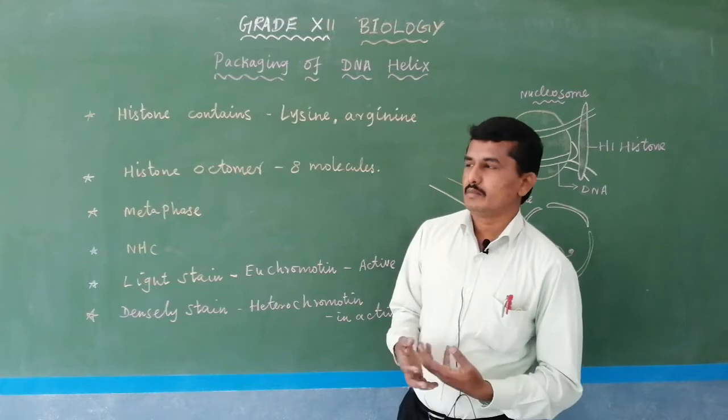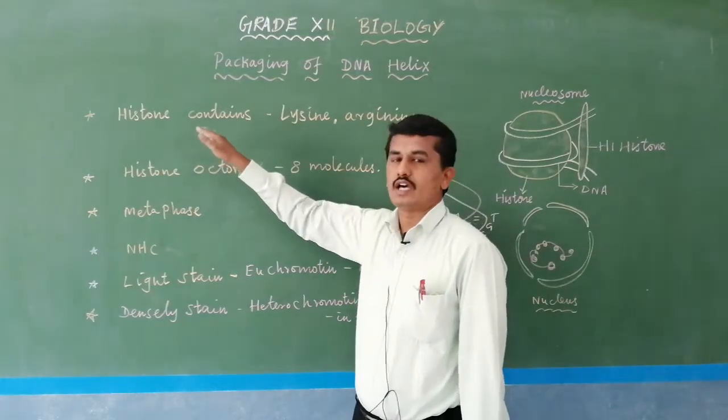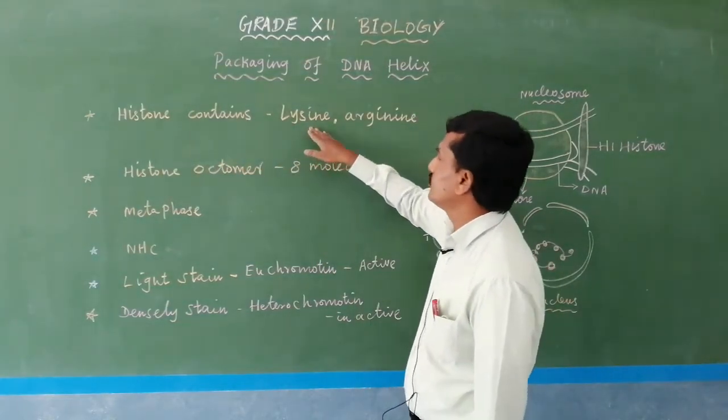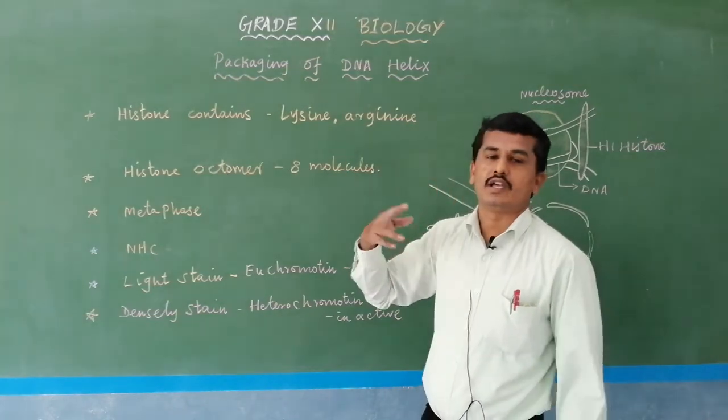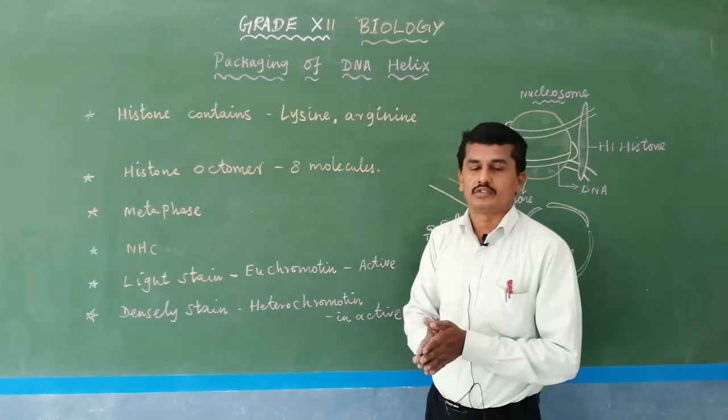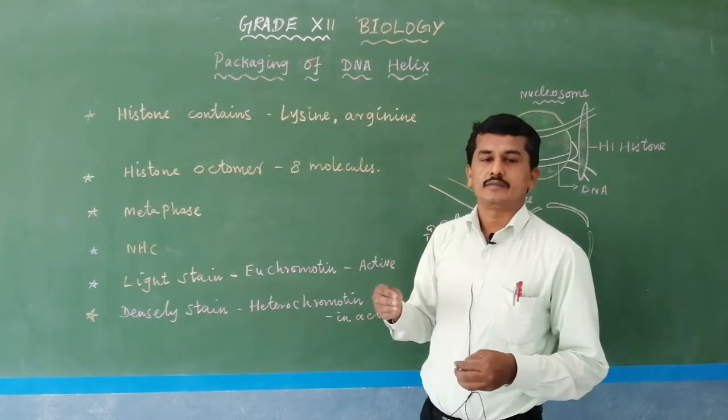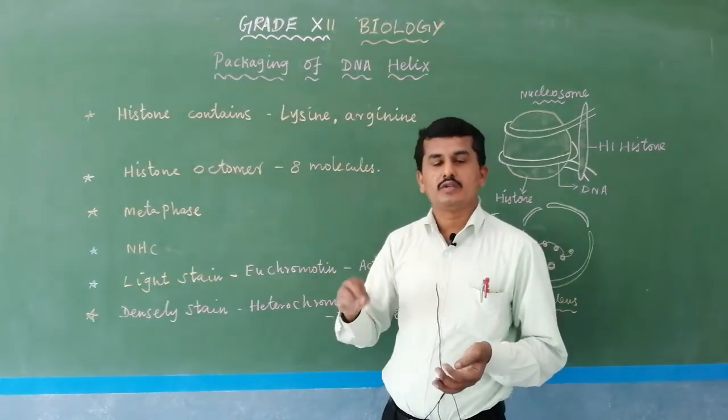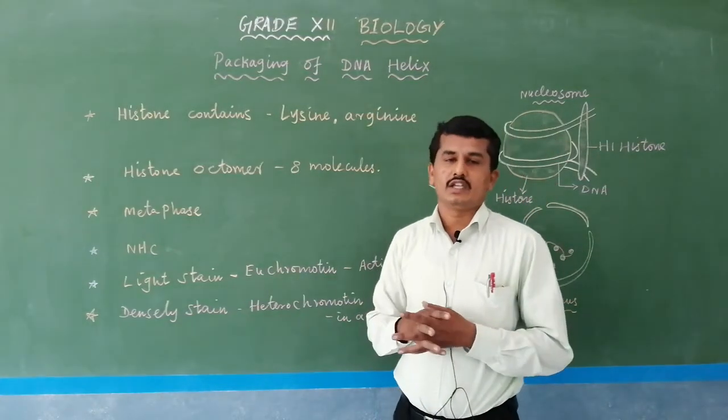Among these amino acids, the histone protein contains mainly two: lysine and arginine. More amino acids are also present, but the histone contains various amino acids, with lysine and arginine being more.